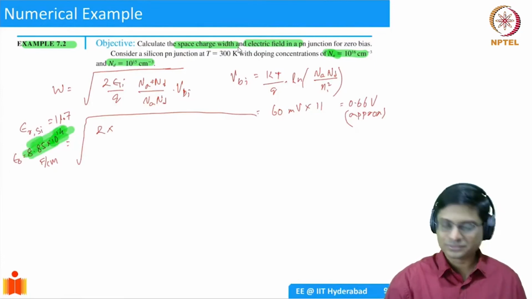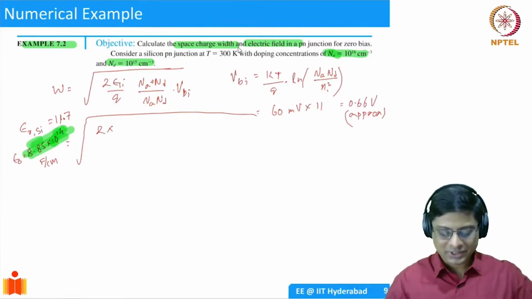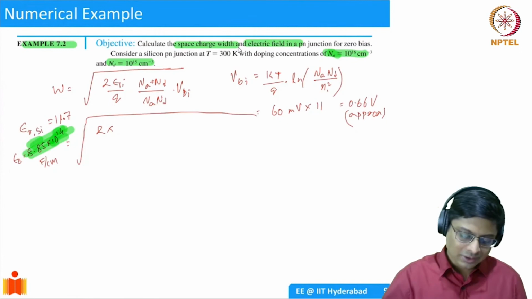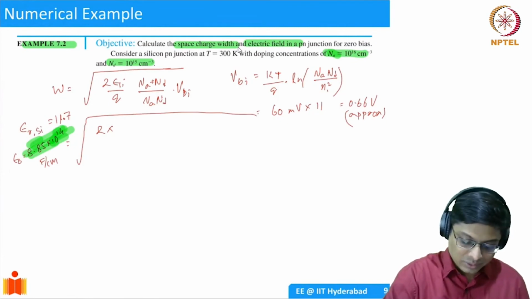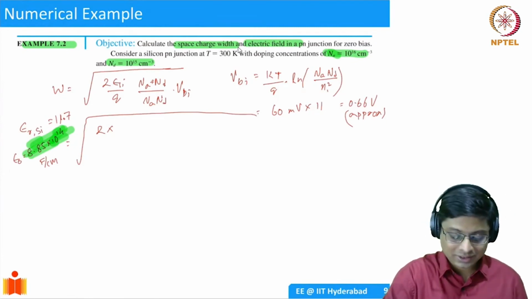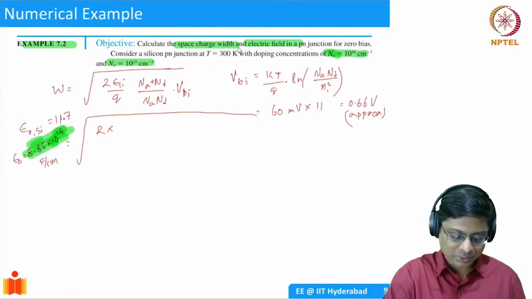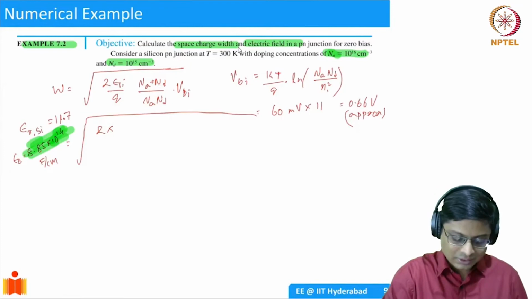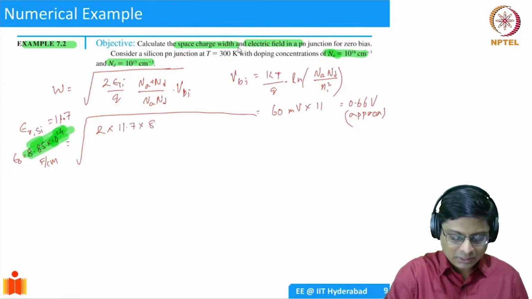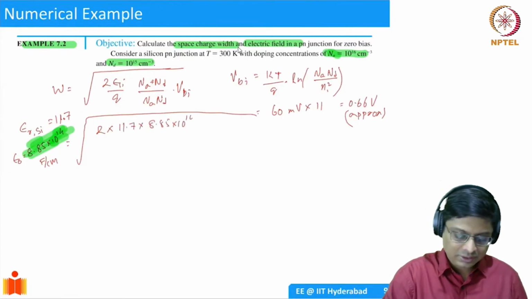In regular physics, you'll see 10 power minus 12 per meter, so it becomes 10 power minus 14 per centimeter. So whenever you're calculating these widths and electric fields, make sure that you put in the right epsilon. So 11.7 into 8.85 into 10 power minus 14 divided by the rest of it, which is the same anyway.